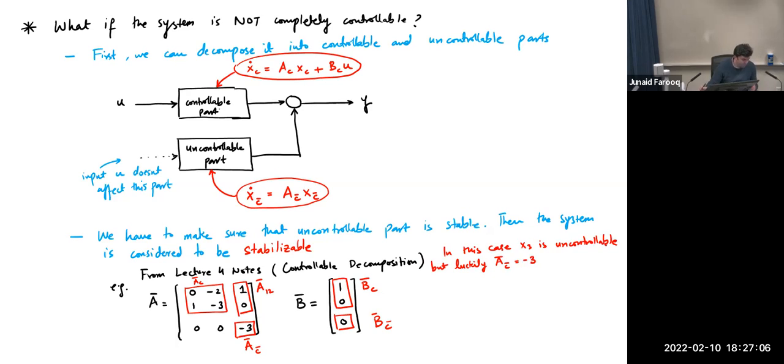So the eigenvalue, which happens to be -3 as well, right? So the eigenvalue of a number is the number itself.